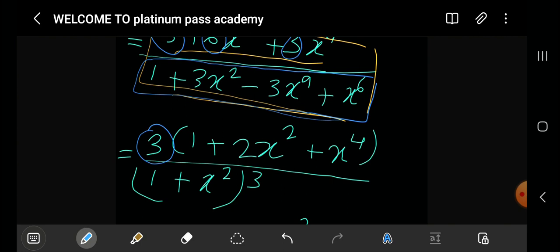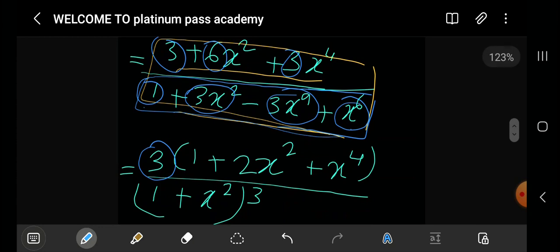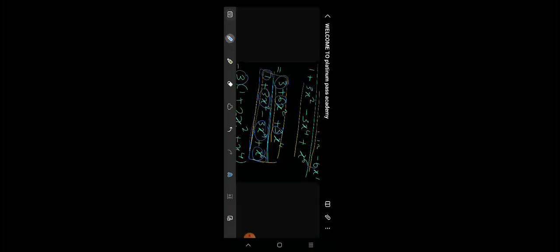Like this, a cube plus b cube, a plus b whole cube is a cube plus 3a square b and 3ab square plus b cube.